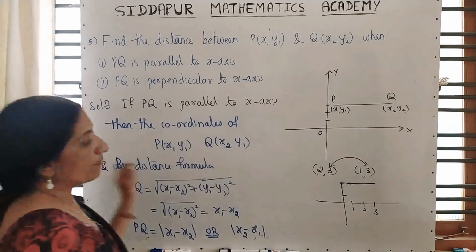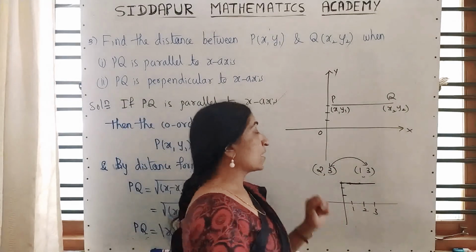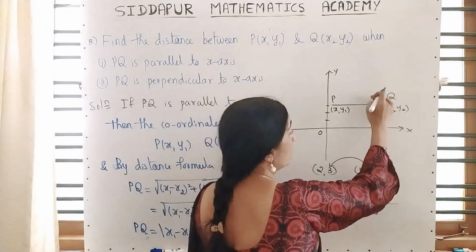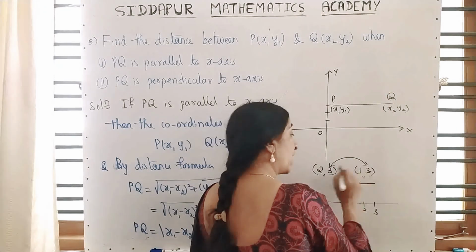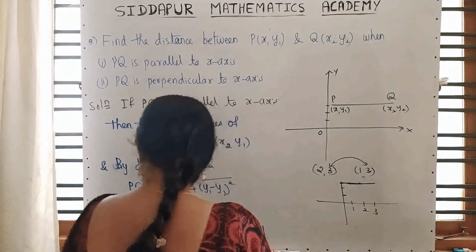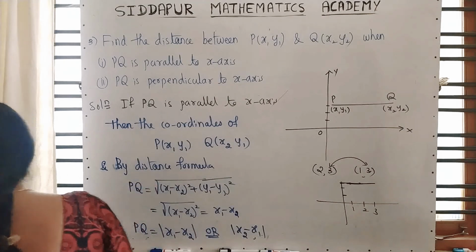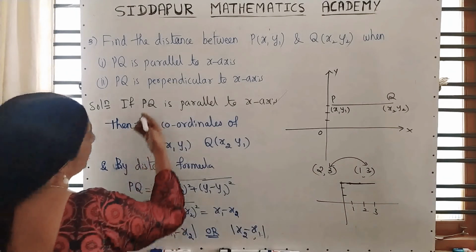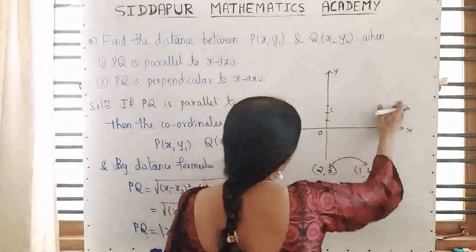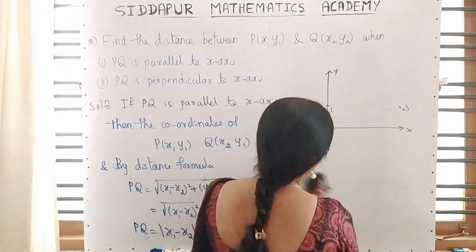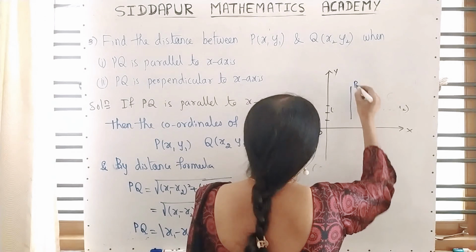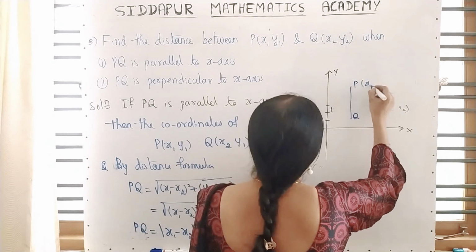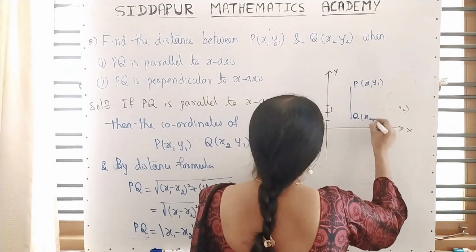Understood? So with the help of this concept, can you say that if PQ is parallel to x-axis, means their y coordinates are same. If it is parallel to y-axis, means x coordinates are same. So if PQ, at that time the figure comes like this. This is P, this is Q, (x1, y1), (x2, y2).